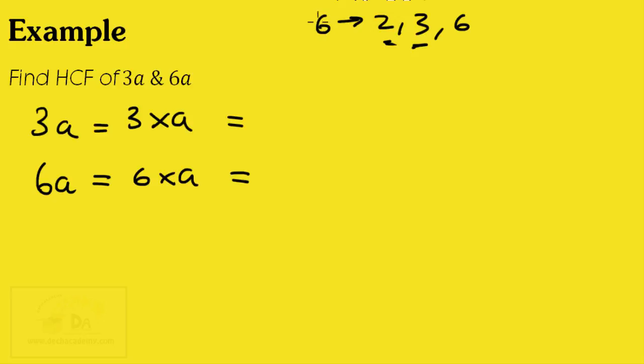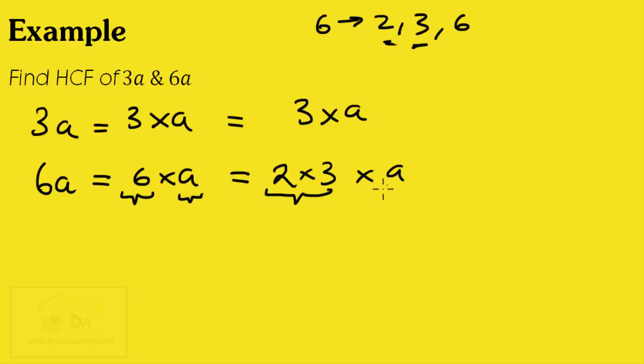So we need to express 6 as a product of its prime factors, using 2 and 3. So 3 times a remains as 3 times a. 3 times a is an expression of 3a as a product of its prime factors and variables. The only variable here is a. 6a, 6 times a, is the same thing as 2 times 3 times a. This 6 here has been expressed as a product of its prime factors. A, the variable, just remains itself here.